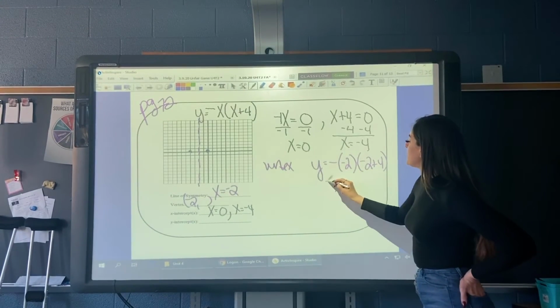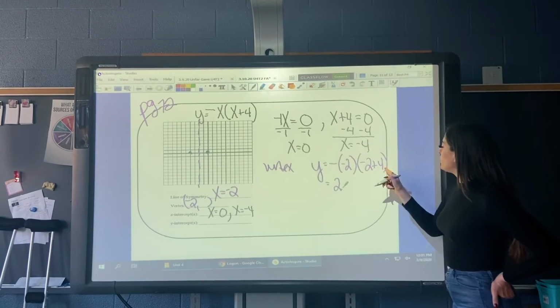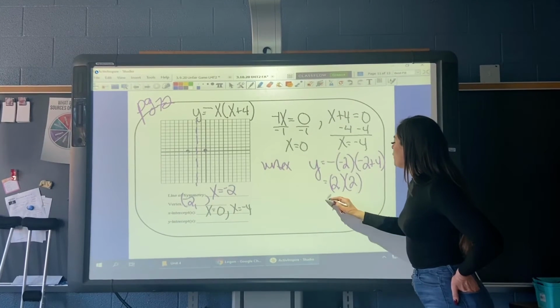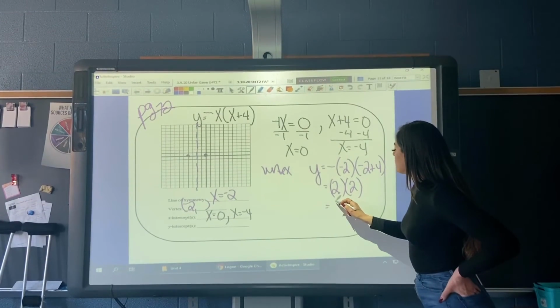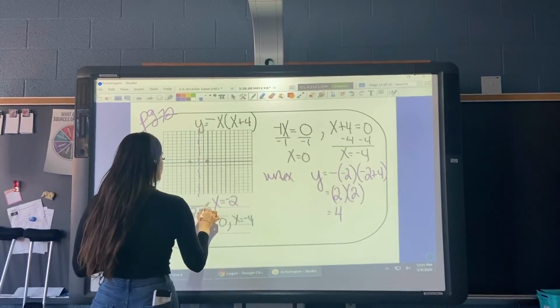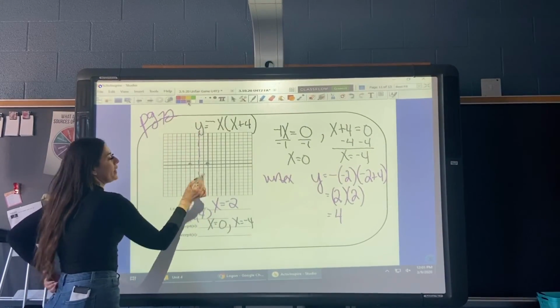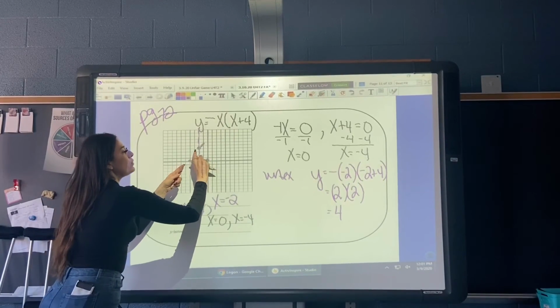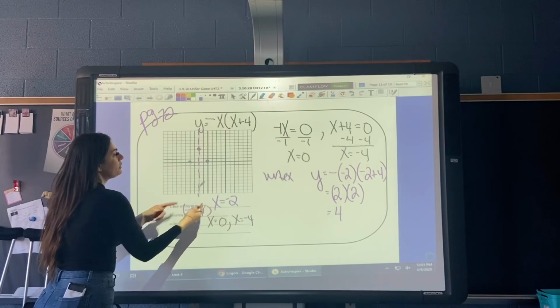Negative negative 2 is a positive 2. Negative 2 plus 4 is also a positive 2, which means the y part of my vertex is at 4. So negative 2, 4. Go ahead and plot that point. Negative 2, positive 4, which makes sense because we already knew it being negative would have to open down.